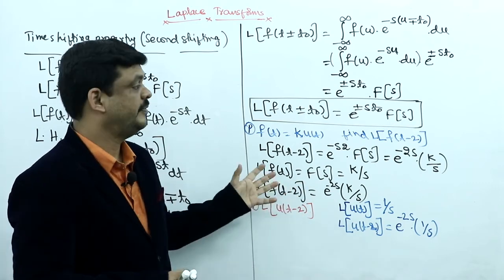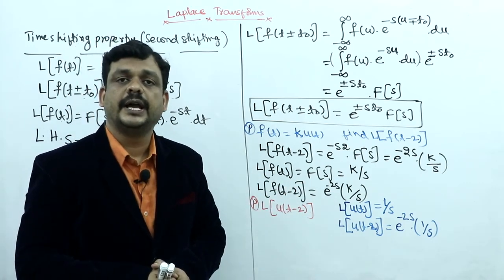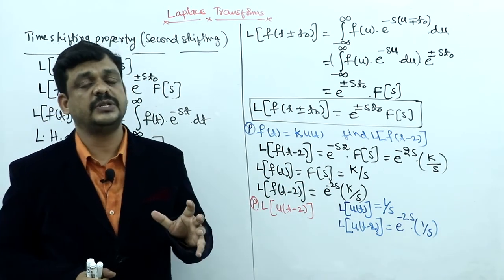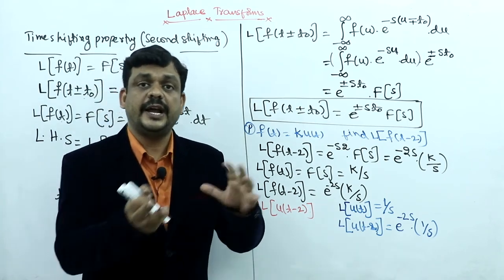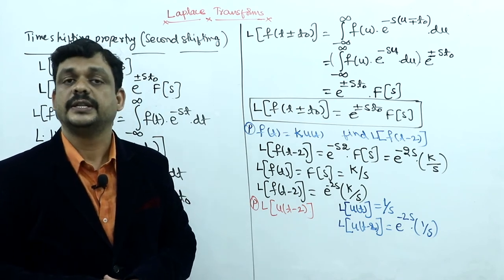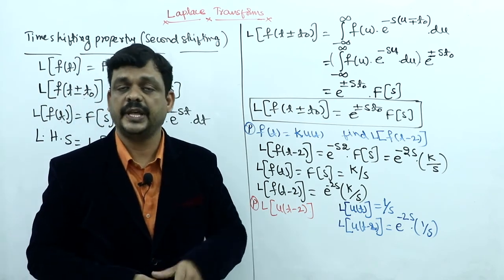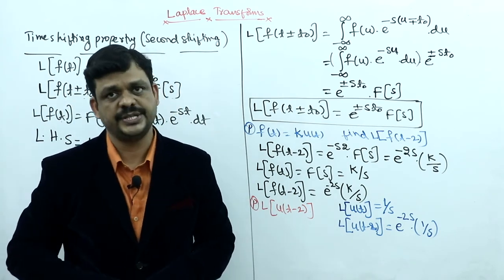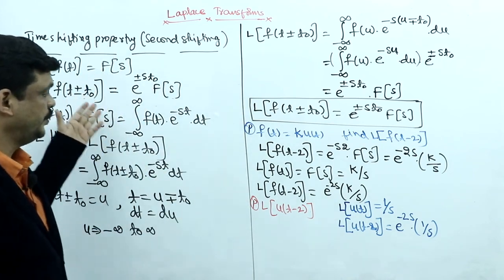This type of analysis is also important, because in real-time applications the available signals are generally delayed versions, or sometimes advanced versions, that means shifted signals. There we immediately have to apply the Laplace transform, right? So please take this now.